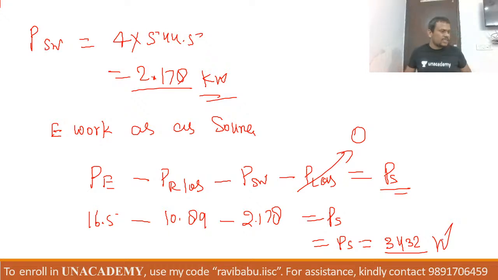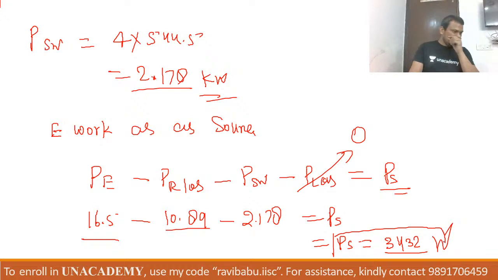No issue, beta. So 16.5 minus this, 11 around, and 11 to 13, so 3 point, it is almost correct. This is the supply power. Jitendra, where are you? It is the supply power.